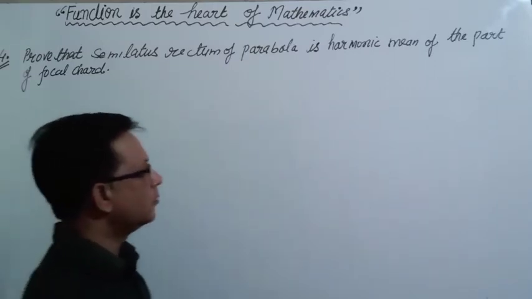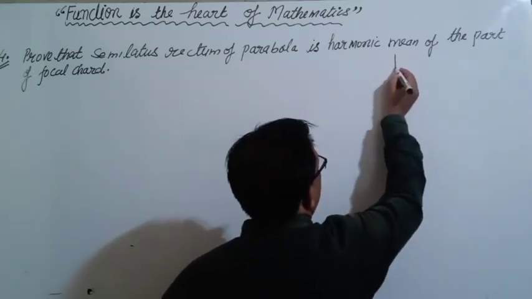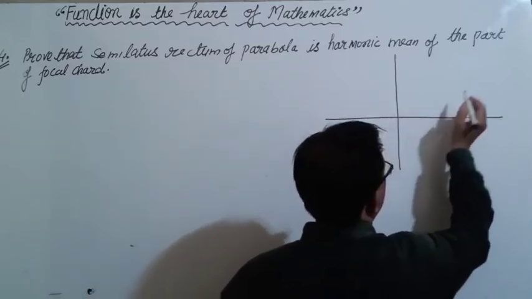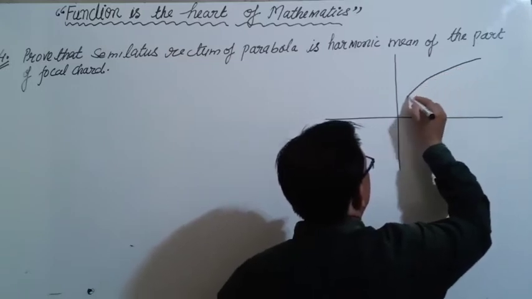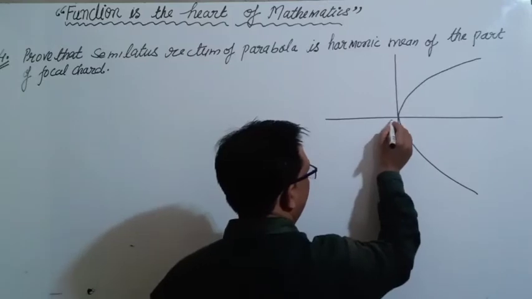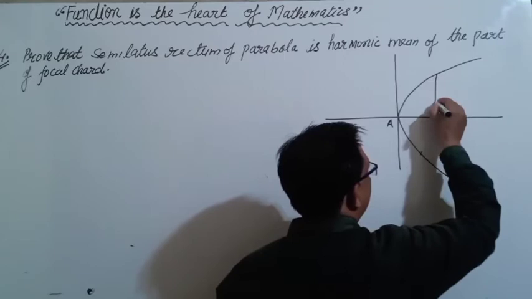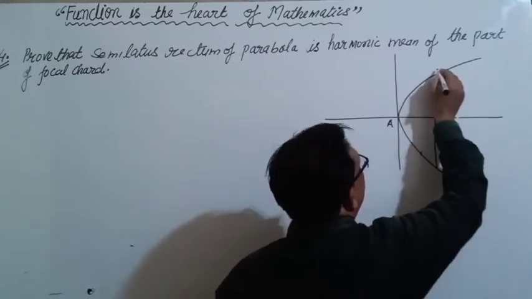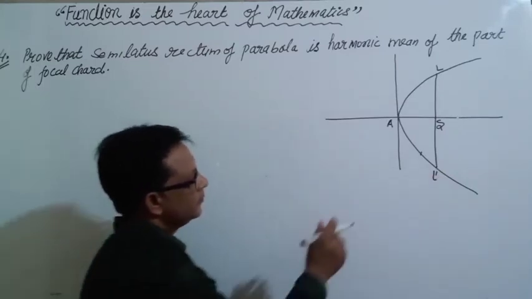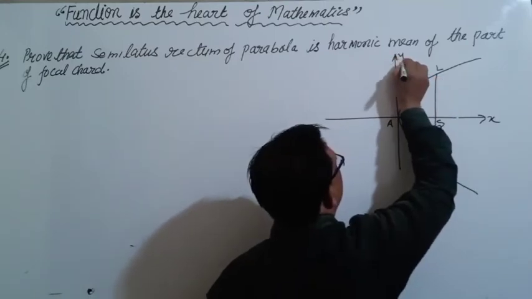Semi-latus rectum. Let us draw the diagram of the parabola. First we draw the diagram. So this is your parabola, this is the vertex, the focus, L dash is the latus rectum, x axis, y axis.